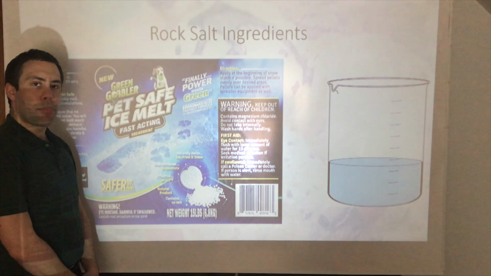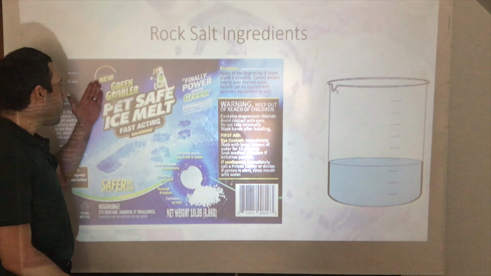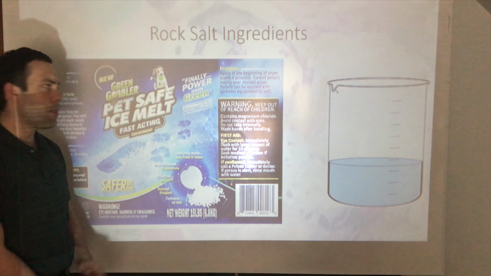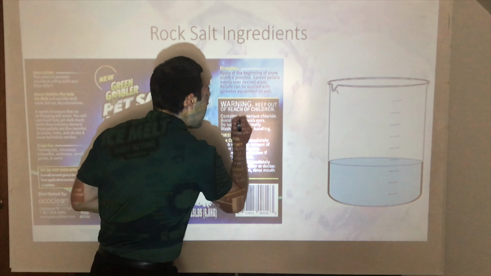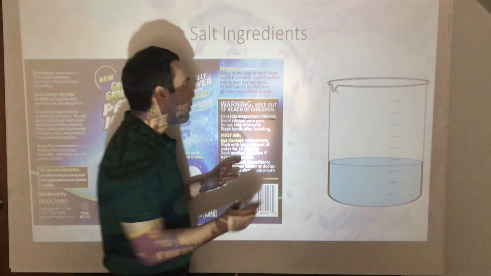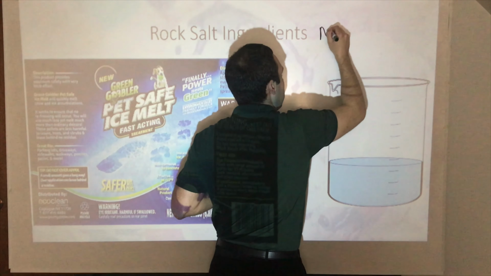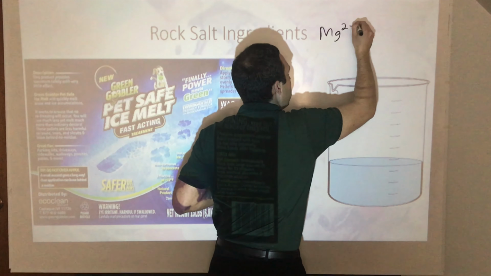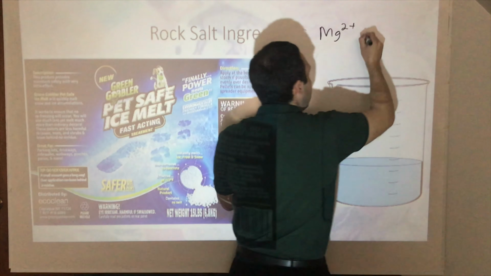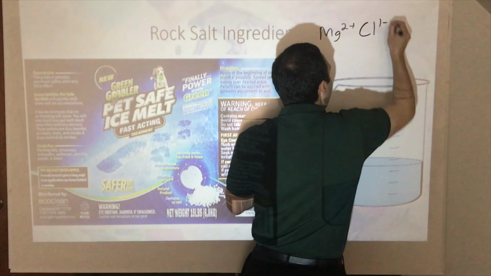Here we have a particular brand of ice melt. The brand Green Gobbler Pet Safe Ice Melt, which can be found in your local hardware store, contains magnesium chloride. Now, magnesium, in group 2 of the periodic table, has a charge of 2+. Chlorine, in group 17 of the periodic table, has a charge of 1-.